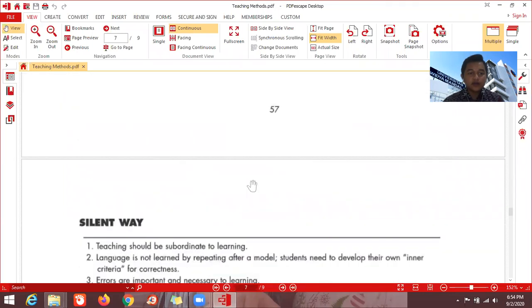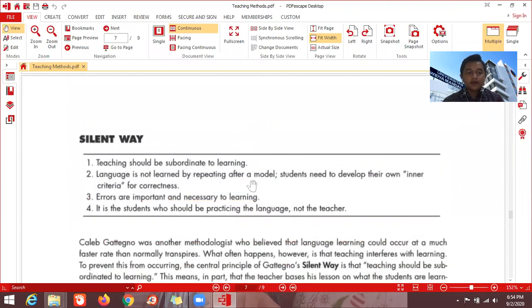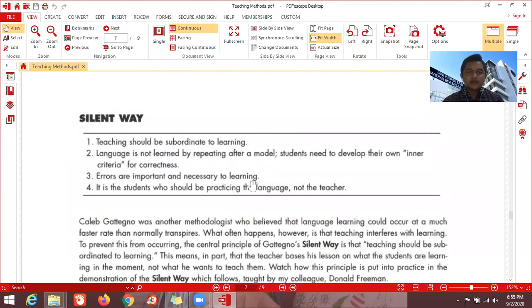Okay, yes, silent way. So why is it called silent way? I mean, can you teach while you are silent? So basically the extreme concept is like that: teaching should be subordinated to learning. So learning should be in a higher position than teaching.